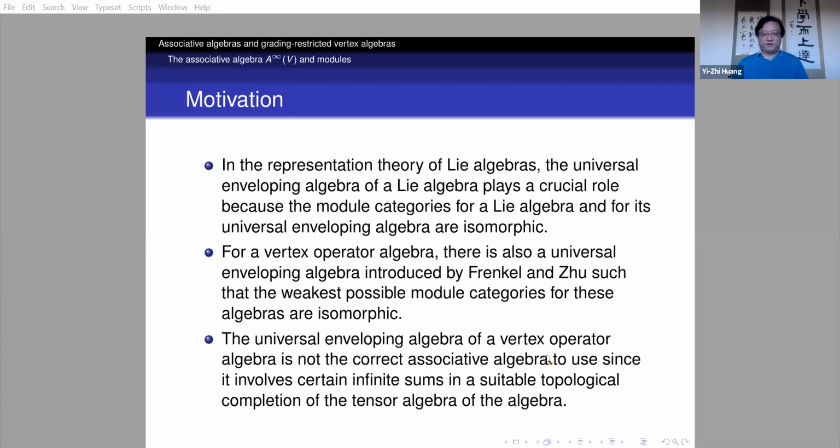The universal enveloping algebra must involve some infinite sums. These infinite sums do not appear for the modules we are interested in. So basically, if you want to use the universal enveloping algebra, you are studying much more general modules, which are not really interesting for the study of conformal field theory. We are not interested in these modules.